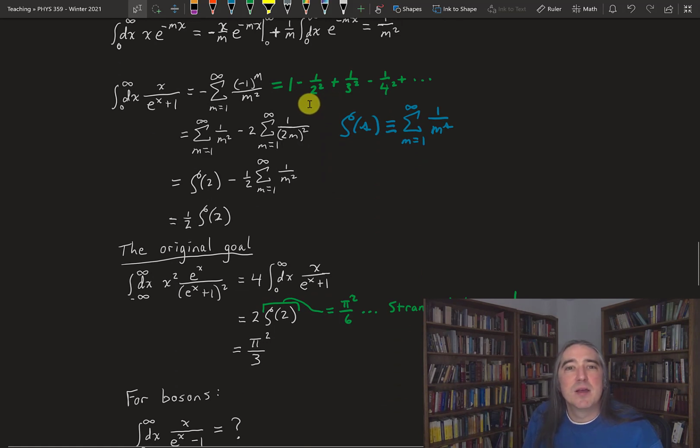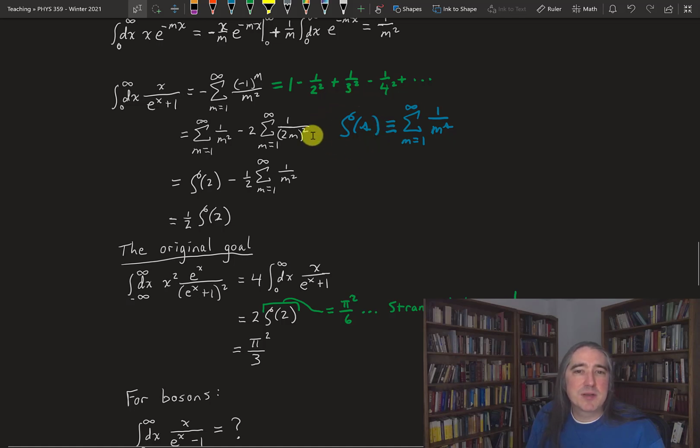There we go. Okay, so the Riemann zeta function is defined as the sum from m equals 1 to infinity of 1 over m raised to the s power. So zeta of s is the sum on 1 over m to the s. So this looks almost like the sum of 1 over m squared, except the signs are alternating.